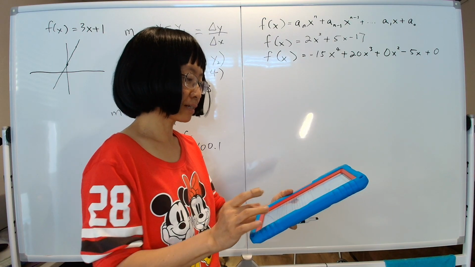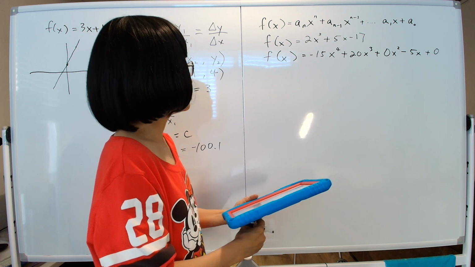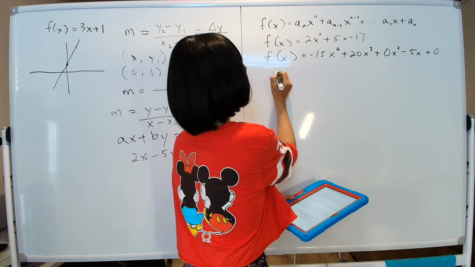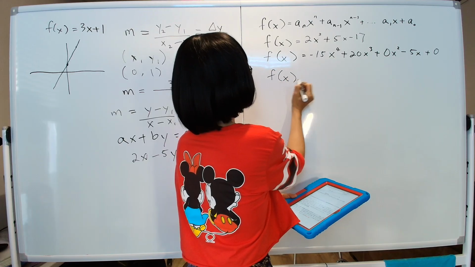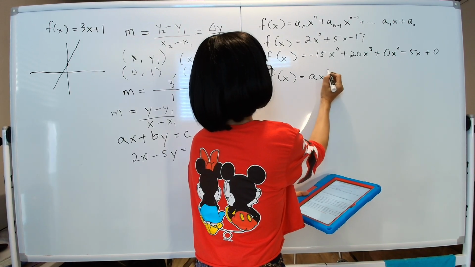So next, let's look at what a power function is. A power function is a polynomial that has only one term that looks like this: f of x equal to ax to the power b.